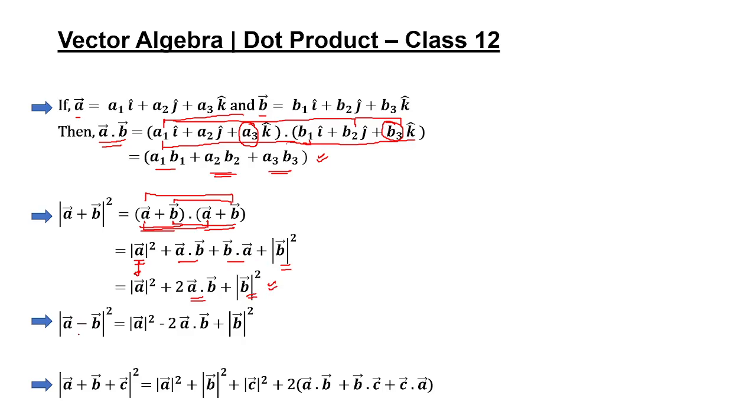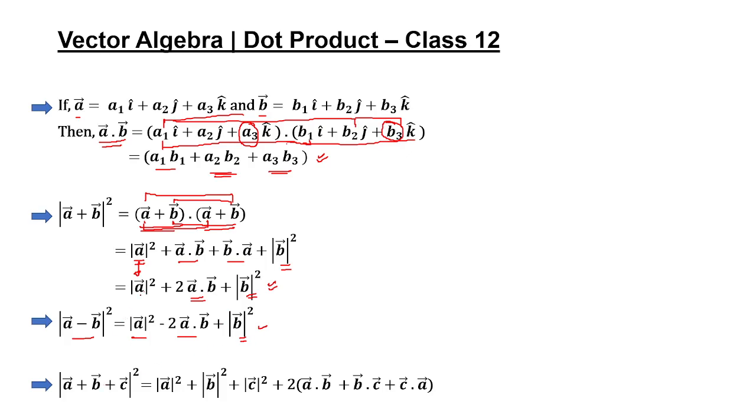Same way you can find out the value of modulus of A minus B whole square. So that will be equal to modulus of A square minus 2A dot B plus modulus of B square.